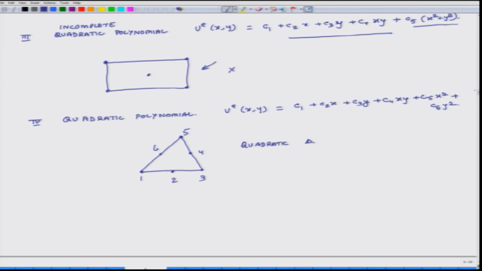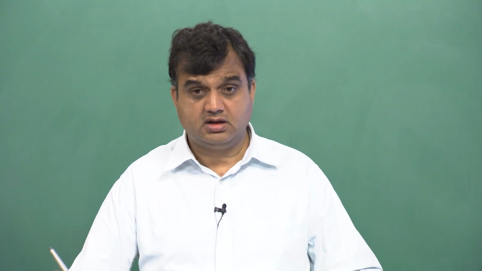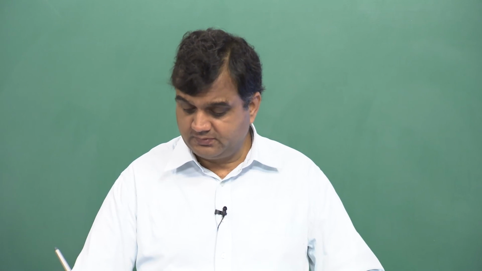Then finally, if we use a quadratic polynomial for u, then that will work if we use a quadratic or a second order triangular element. So, this completes our discussion for today, and we will continue the discussion on interpolation functions tomorrow as well. Thank you.